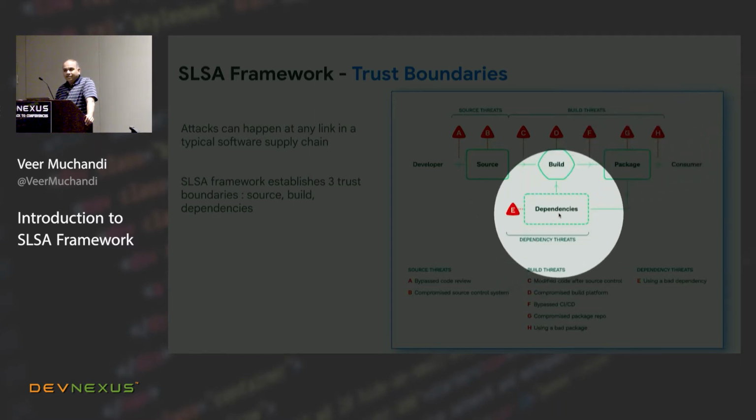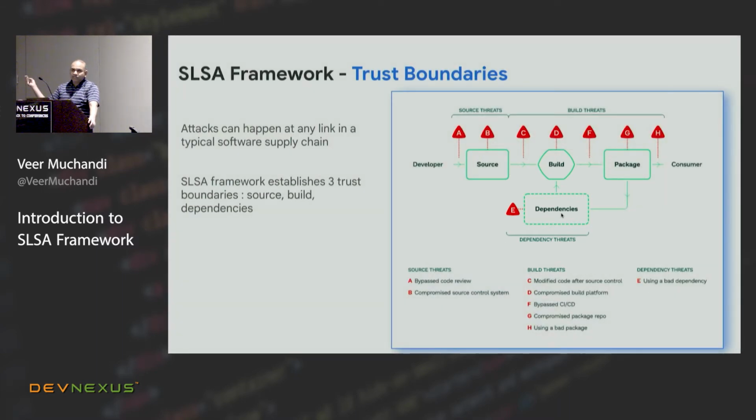Another one, the dependency that you are using is a malicious dependency. Somebody says that it is a good one to use, you are pulling dependencies from some open source, you think that it is the right one. You know, NPM repositories were also compromised, right? The NPM repository is compromised, you are thinking that you are using a particular library of a particular version that is good, but it's not good.